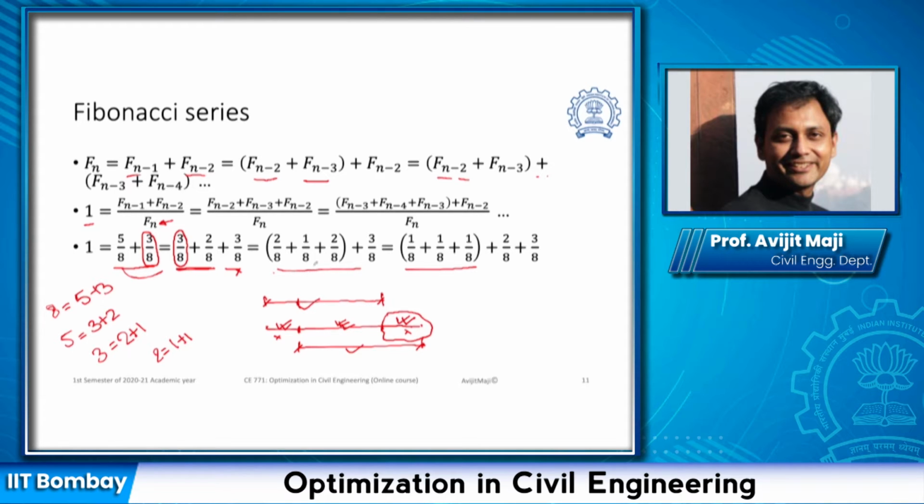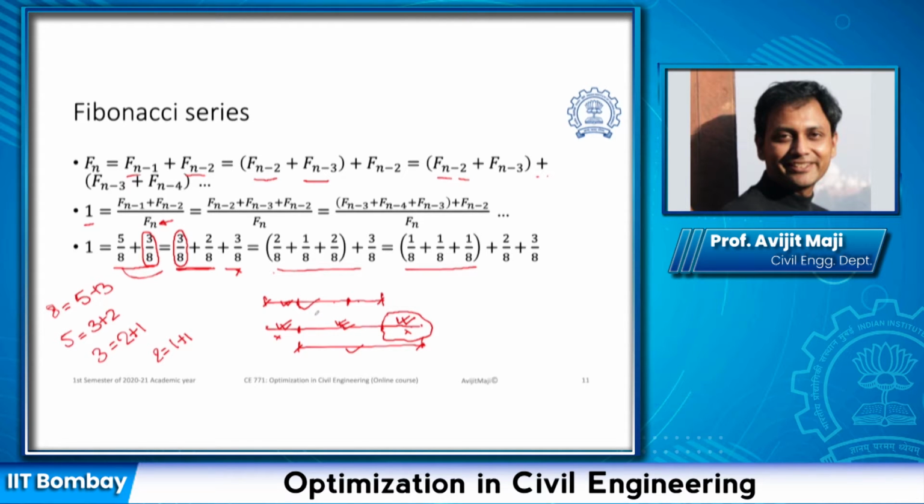Which means, if this is my 3 by 8, it is going to represent another 2 by 8, some portion which is going to be same as this portion, which was the earlier portion which we had considered. And if we again eliminate, we will keep on getting 1 point again and again, which can be used.